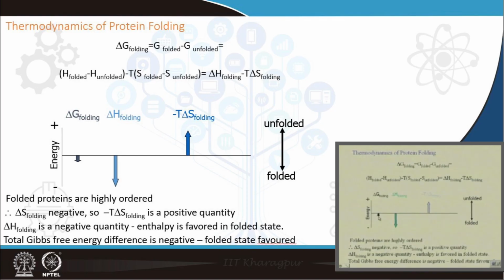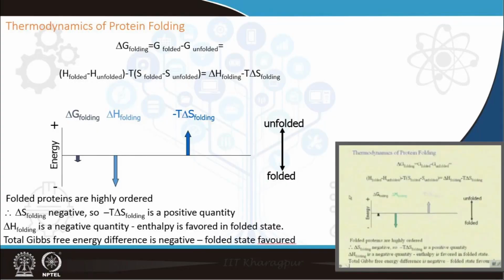What does this mean? It means that this is a favorable spontaneous process. Okay, so I'm going to go from my unfolded form to the folded form in a spontaneous process. Why? The delta S is not going to make it spontaneous. It is the enthalpy that is going to make it spontaneous. Okay?